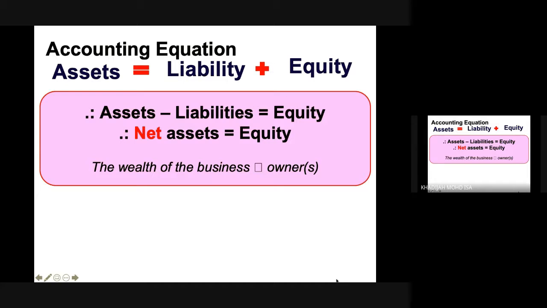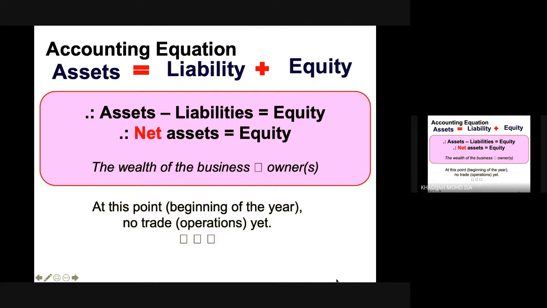Asset minus liability is what we call net asset, and net asset should be the same as your equity. In other words, net assets or the equity is the wealth of the business or the owners.